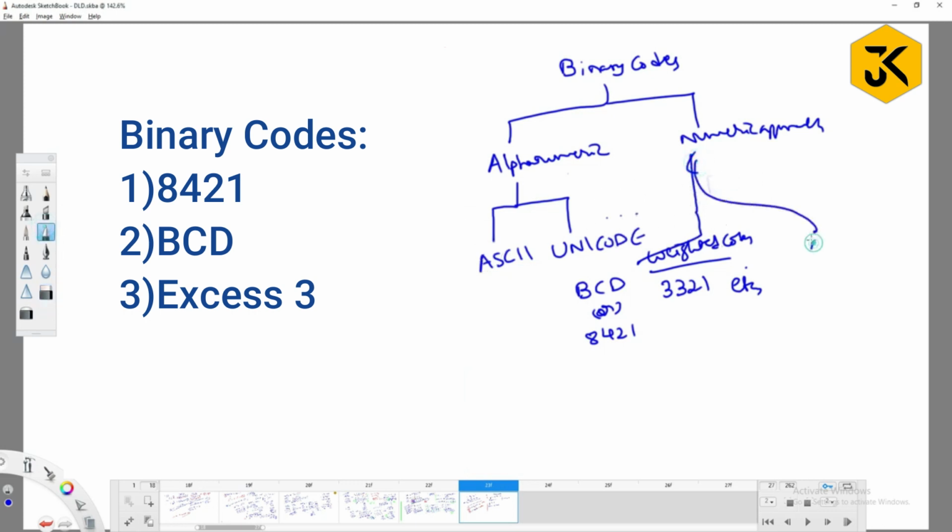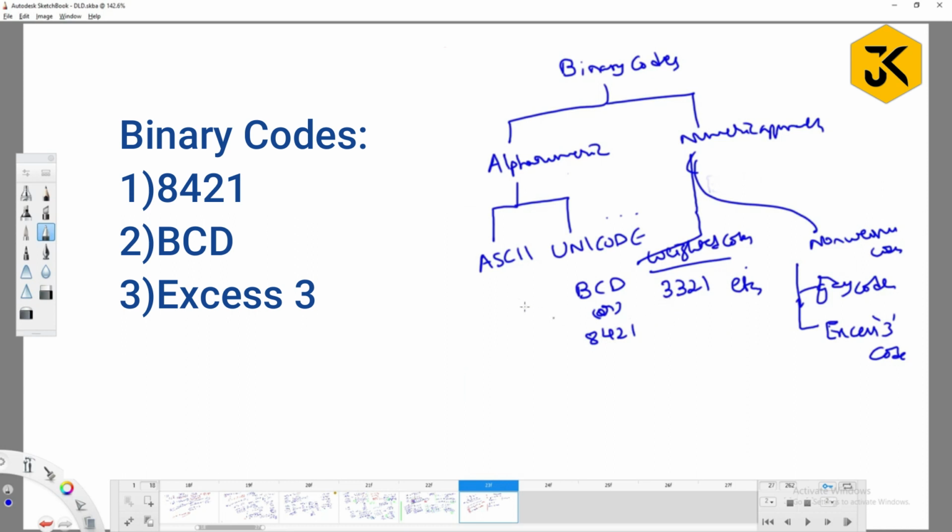In another kind of classification, they are classified as non-weighted codes. In non-weighted codes, one kind of code is the Gray code. Another kind of code is the Excess-3 code. Gray code and Excess-3 code, right?